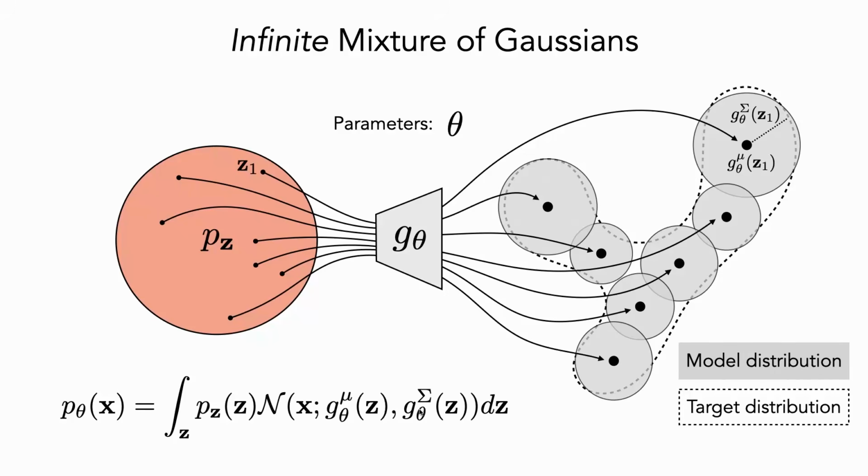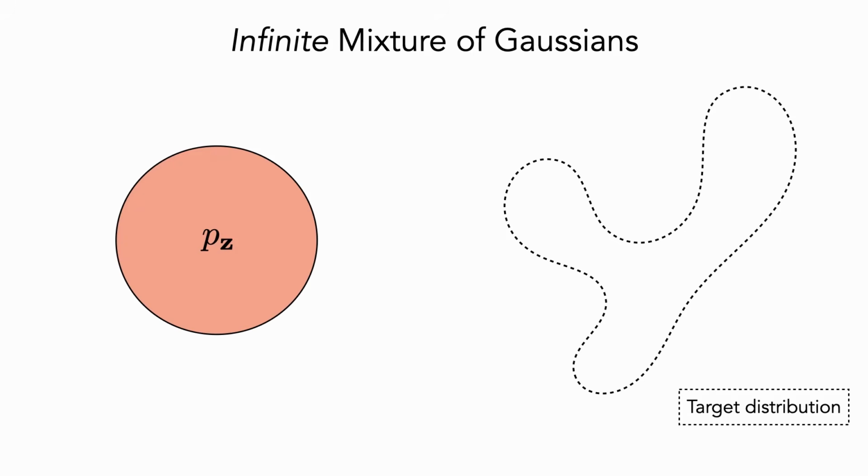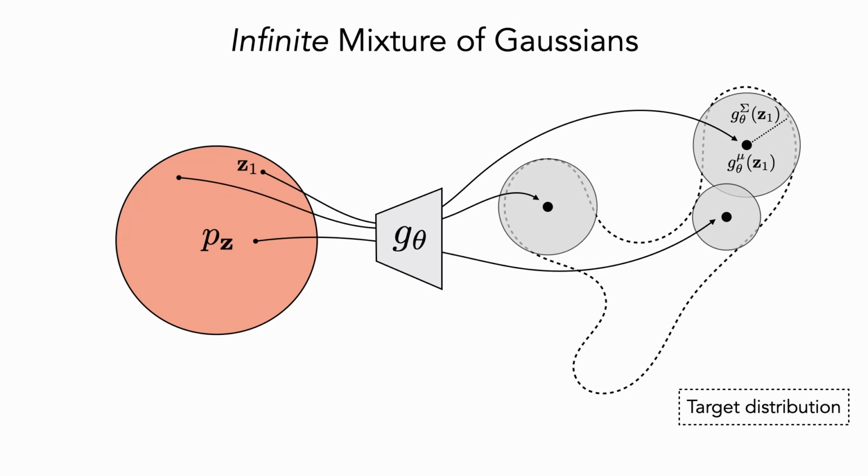Each mixture component is just going to be a normal distribution in Gaussian, right, with mean given by the neural net and variance given by the neural net. That'll place a little blip of density over x, and my total probability will just be marginalizing over z, so integrating over z, right? So here's the finite set of Gaussian. It's the sum over my mixture components, but now I have an infinite set of mixture components, and I'm going to take the integral over all of those components, and that integral is over z space.